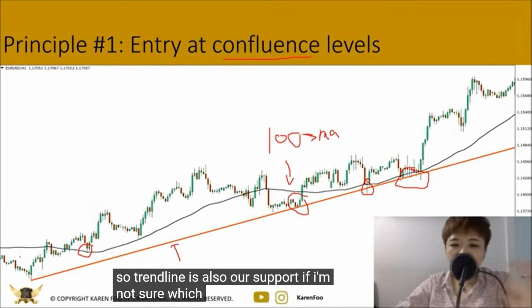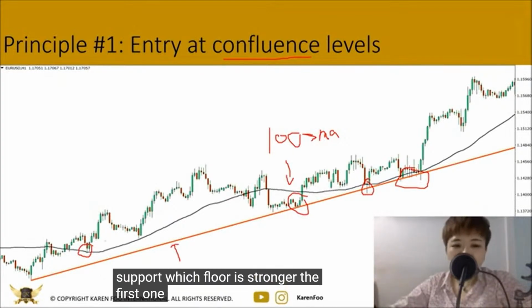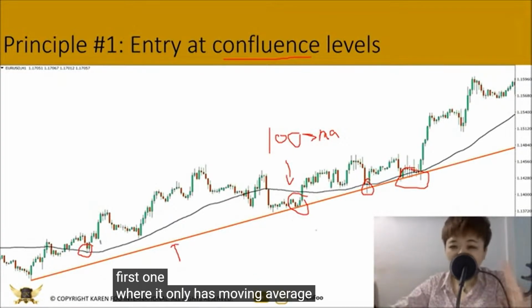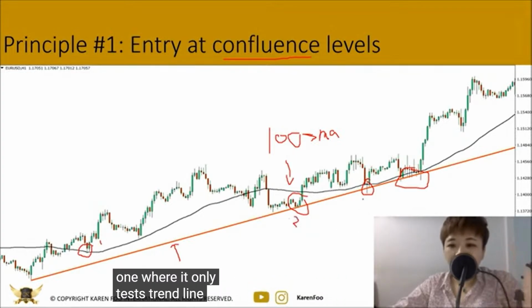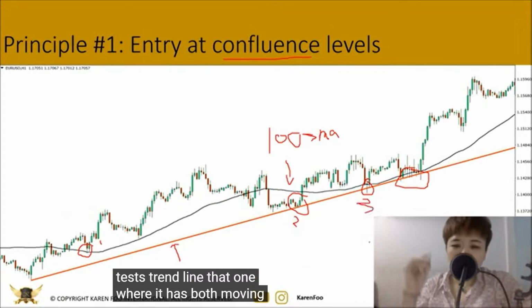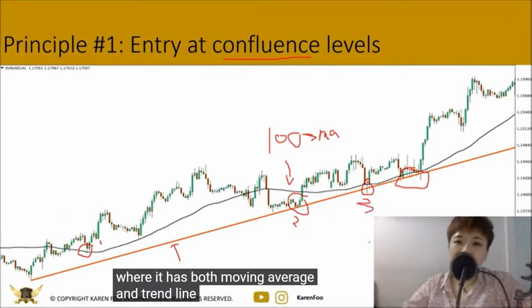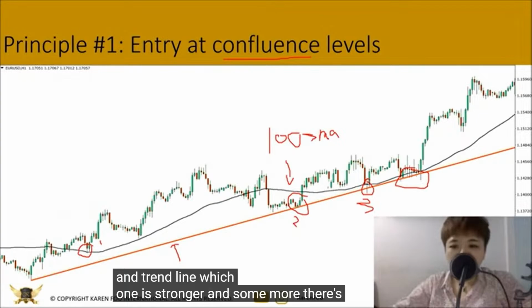If I were to ask you which floor is stronger, the first one where it only tests the moving average, the second one where it only tests the trend line, the third one where it tests both the moving average and the trend line. Which one is stronger? And some more, there's a little support over here.